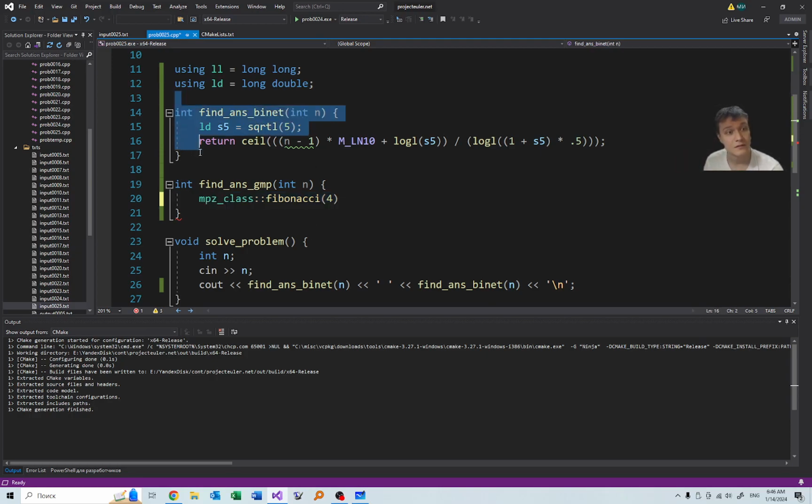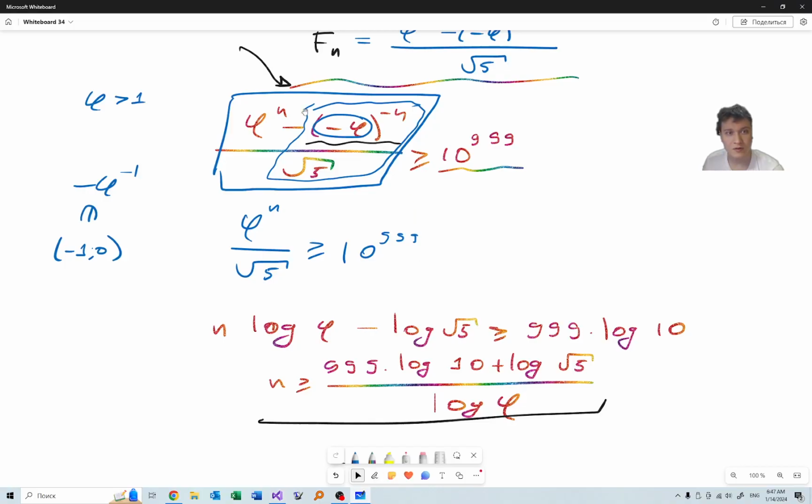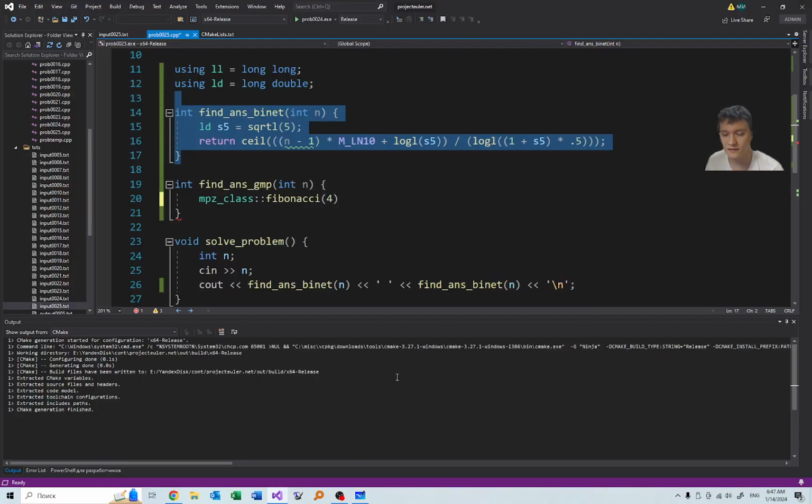The reason why this method is somewhat better, though also worse, is that the other won't work for little n, because we cannot simply ignore this addend. For little n, this addend is somewhat big.